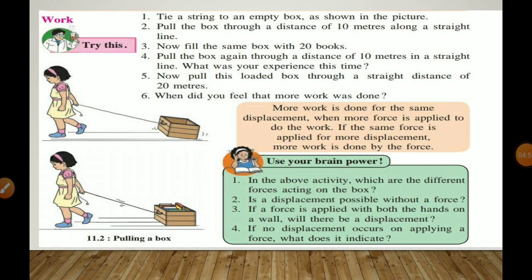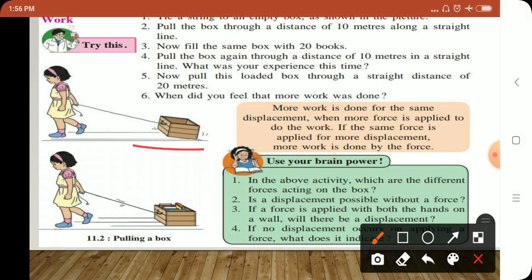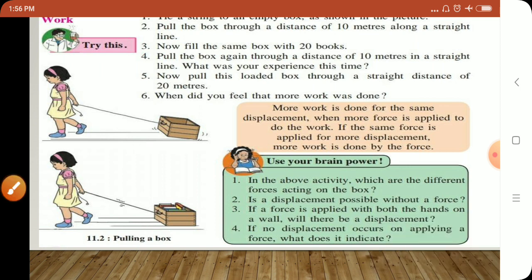See here. Please look at the pictures given here. What is the girl doing? The girl is pulling a box. What is the difference between the two pictures? In the first picture, this box is empty. In the second big picture, the box is filled with books, right?